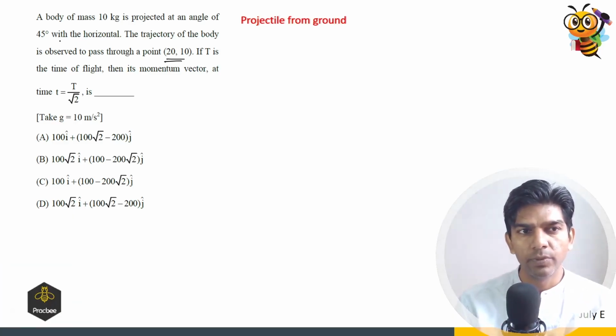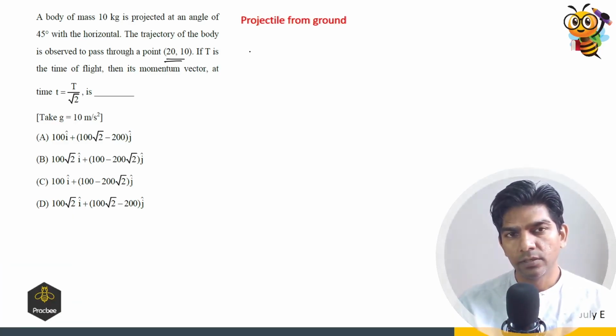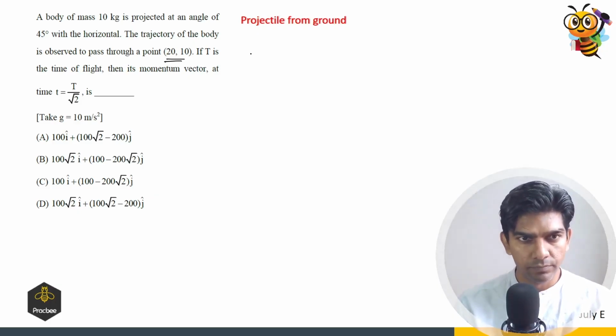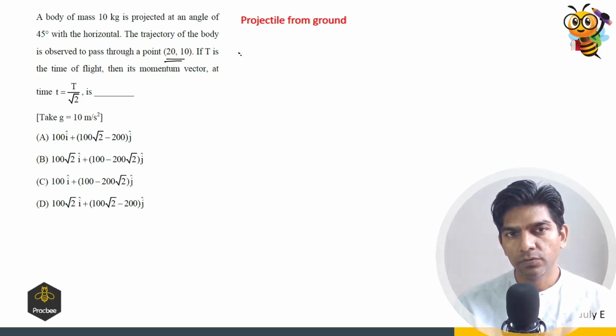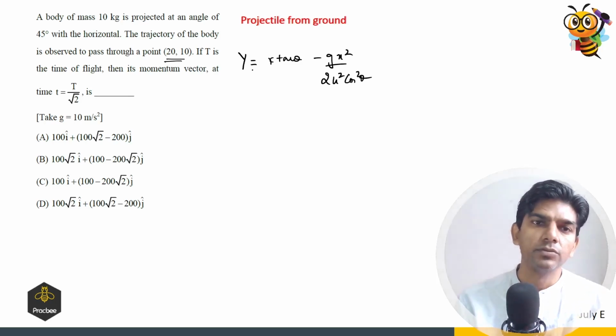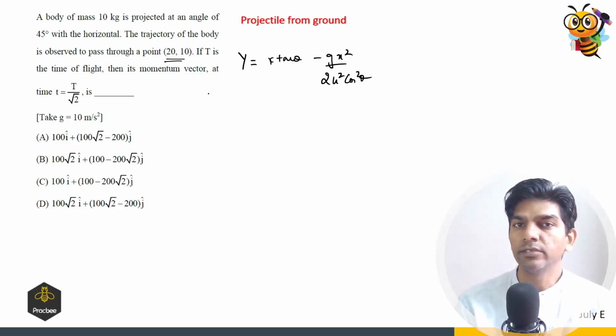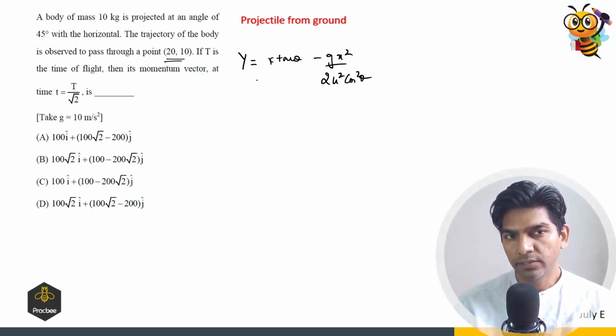So an angle of projection is given. So let us use the equation of trajectory. So y is equals to x tan theta minus g x square upon 2 u square cos square theta. So theta is given as 45 and it is passing through (20, 10). Let us substitute y as 10, x as 20.